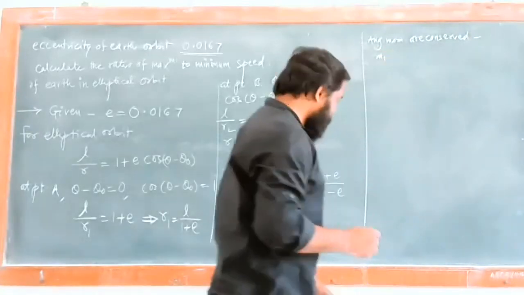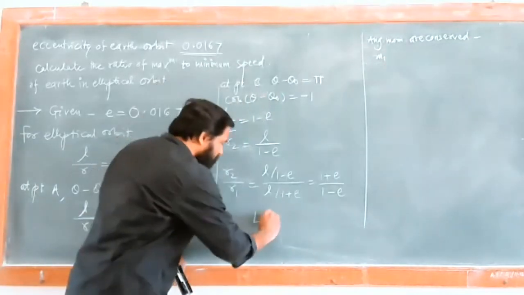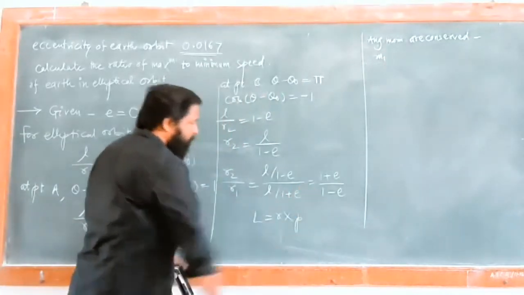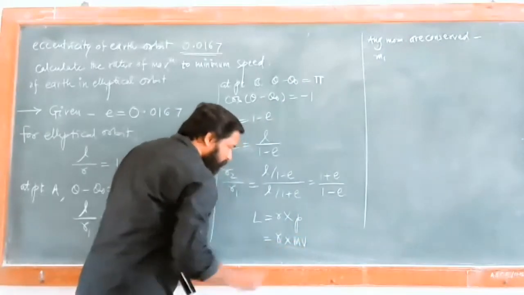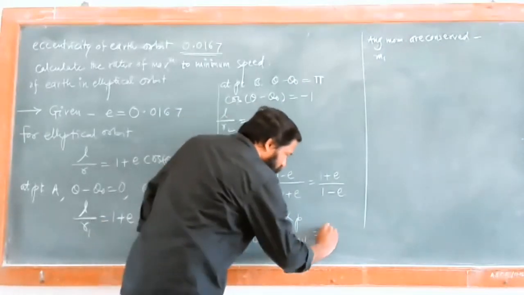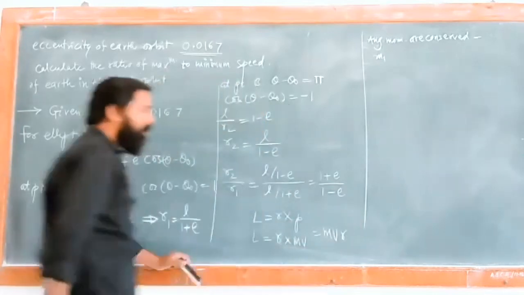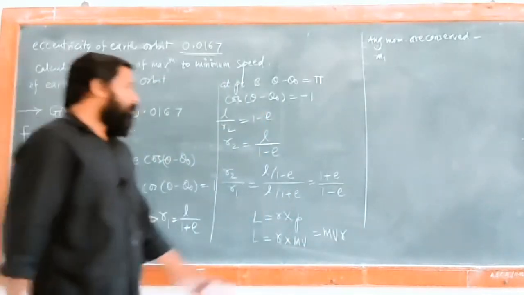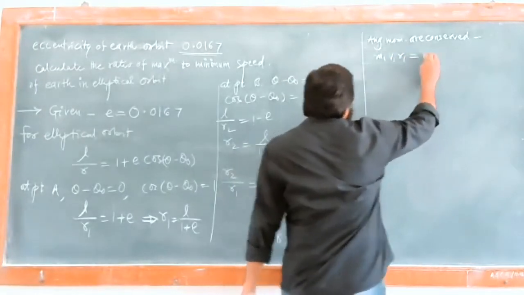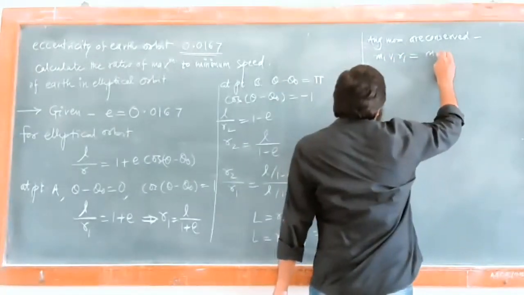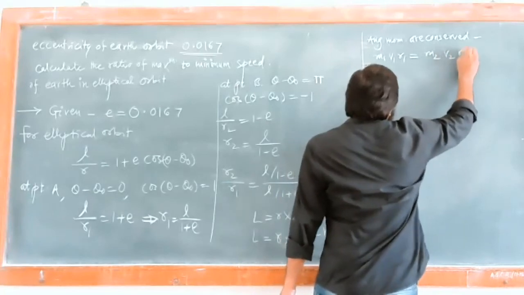What is angular momentum? Angular momentum L is equal to r cross p. What is p? p is nothing but mass into velocity. So we can write the magnitude as mvr. So I can say m1 v1 r1 is equal to m2 v2 r2.